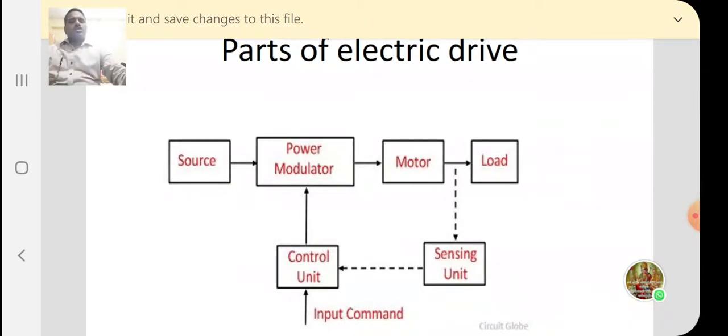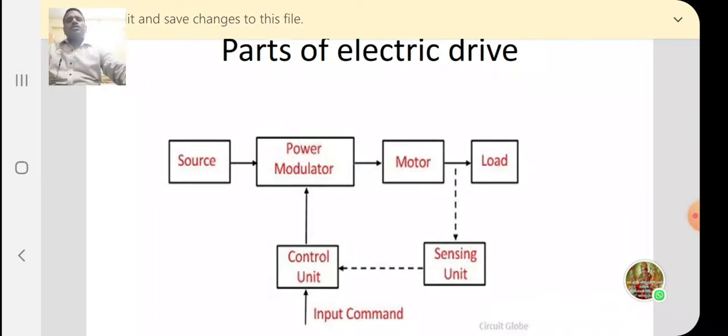Another is the stepper motor, which is used in robotics, and the other is the switched reluctance motor. The stepper motor and switched reluctance motor have less inertia. So these types of motors are used in electrical drives.